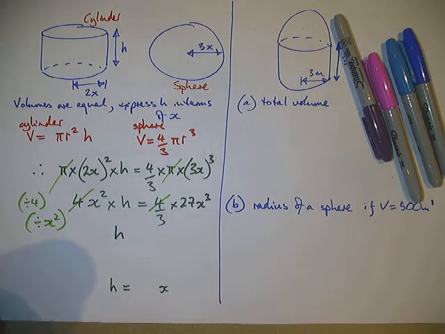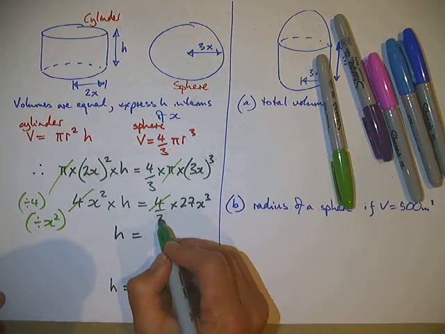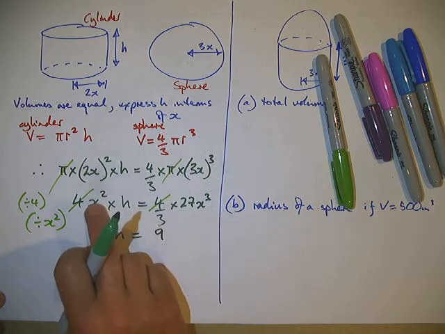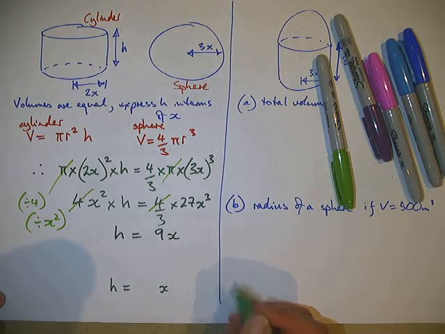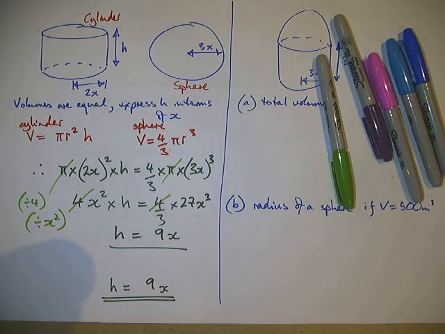And on this side, I'm going to be left with a third of 27. x cubed divided by x squared is x. h is 9x, which is the answer for that one.